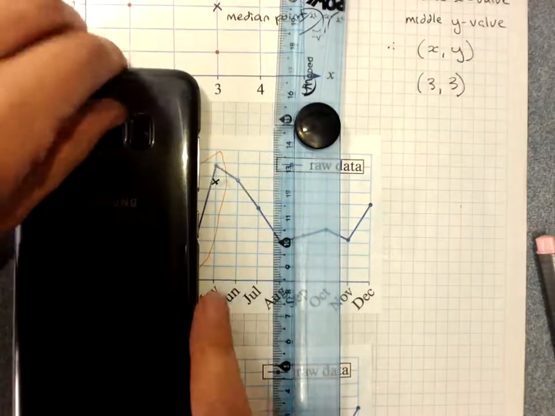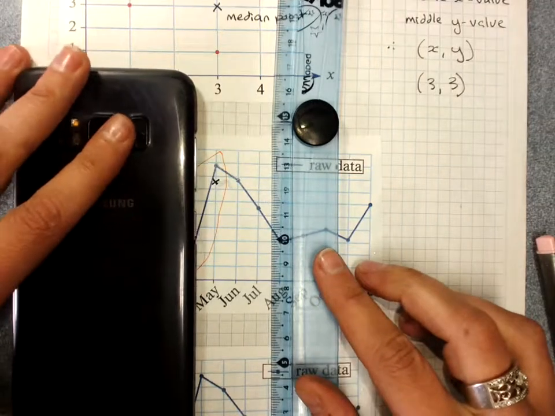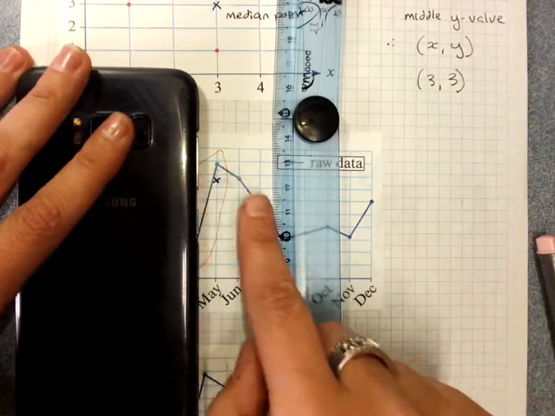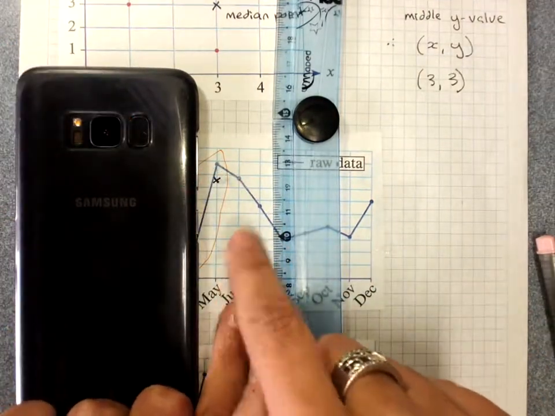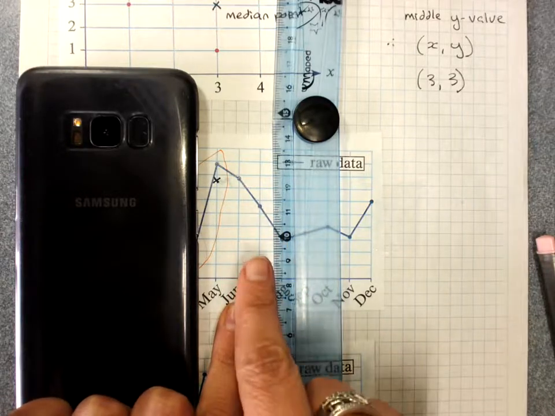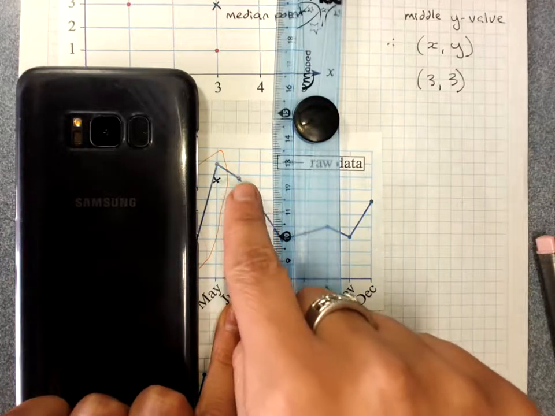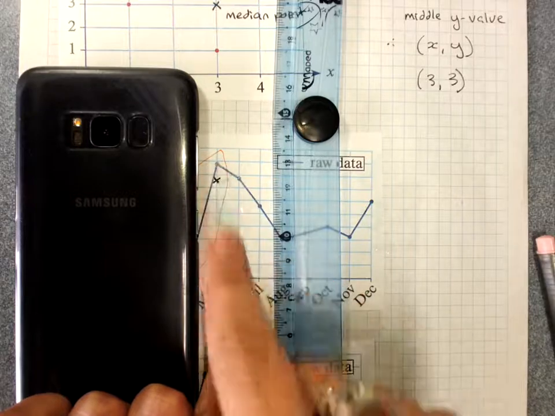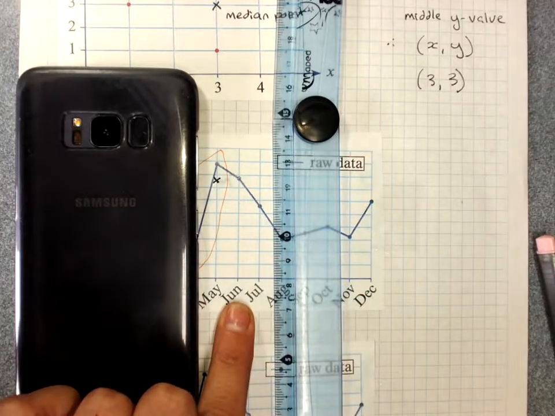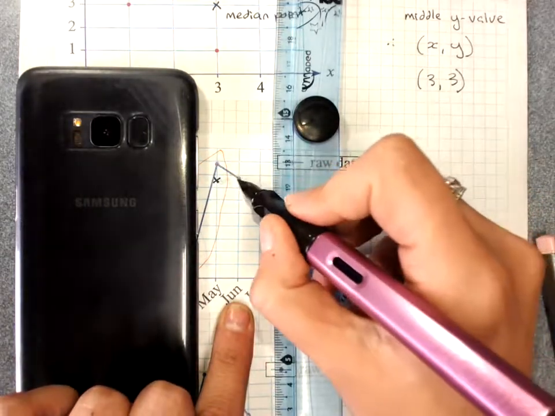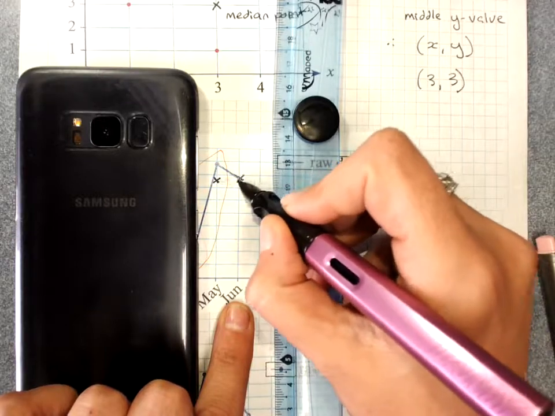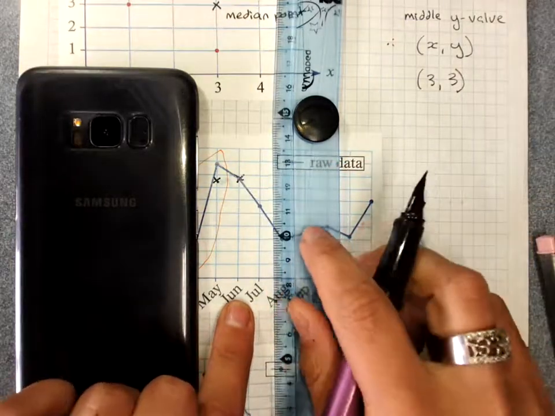You can cover up the rest so you're not seeing it and you're just looking at those 3 points. It's got to be June. Going up to look at the Y's, first one, second one, third one. Once again, this is where I've got a median point that's the same as a data point.